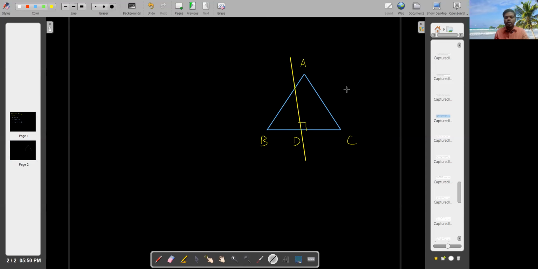And draw another perpendicular bisector of the other side. So here it makes angle 90 degrees at D. And one more perpendicular bisector makes angle here 90 degrees at M and divides into two equal parts.